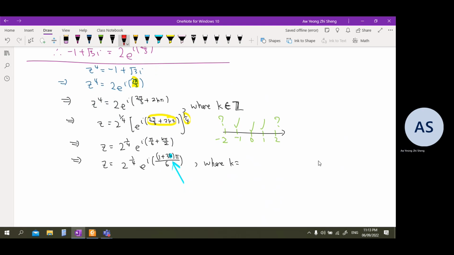So now, when I sub in k equals to 2, I will have 1 plus 6 as a coefficient of pi at the top. So when I sub in k equals to 2, I have 7 pi over 6, which is beyond pi, and I should not take it. That means -2 is a choice, 2 should not be taken.